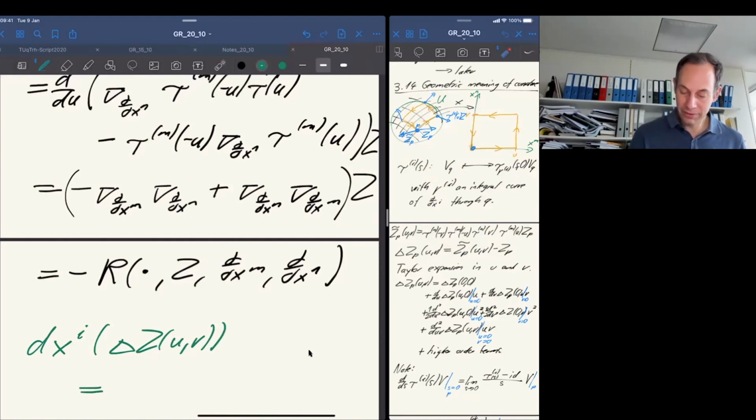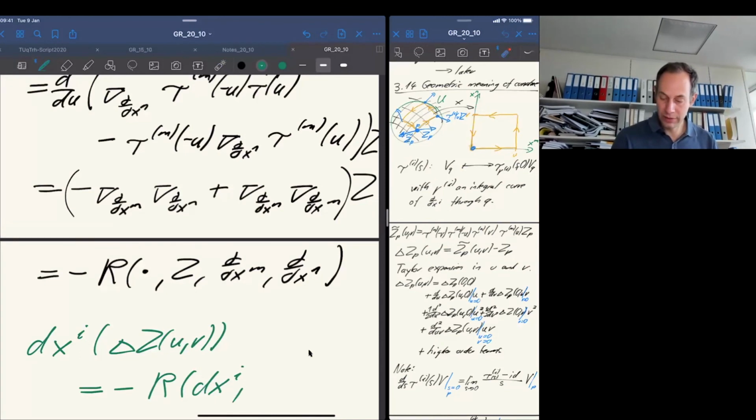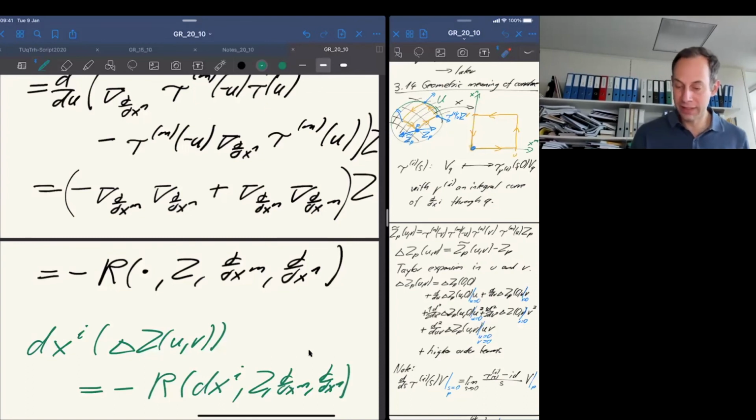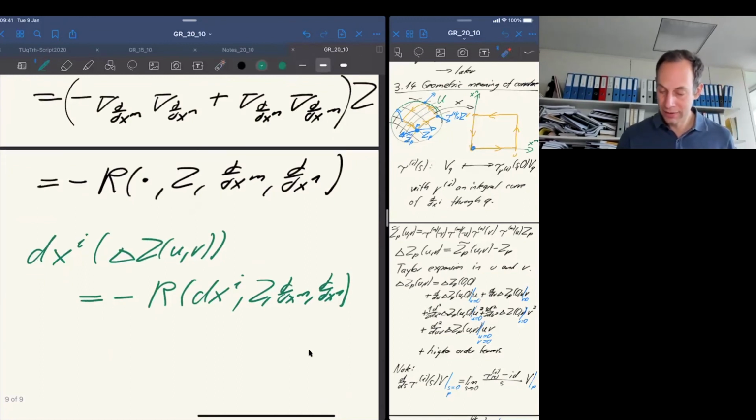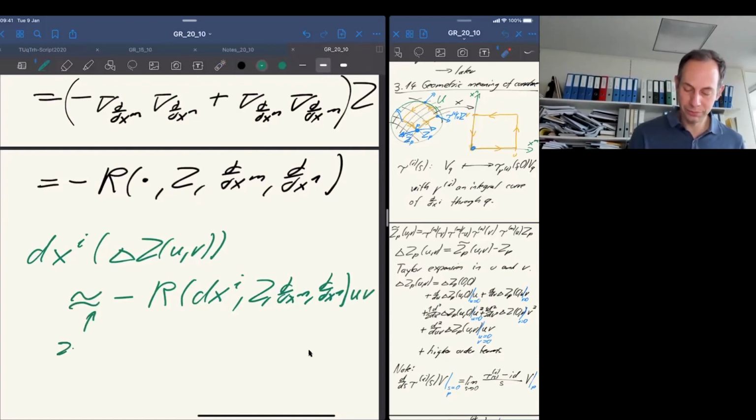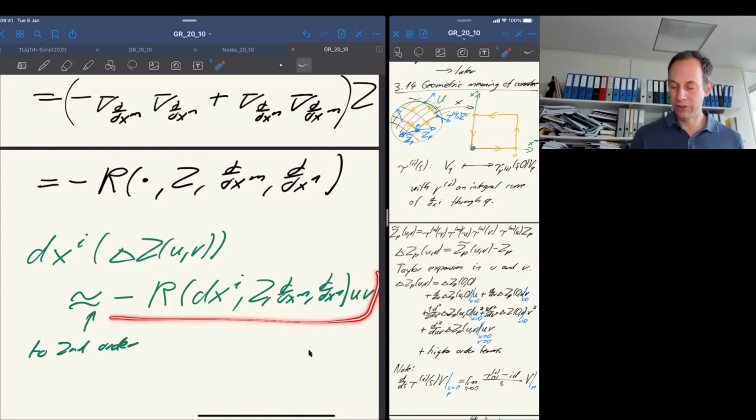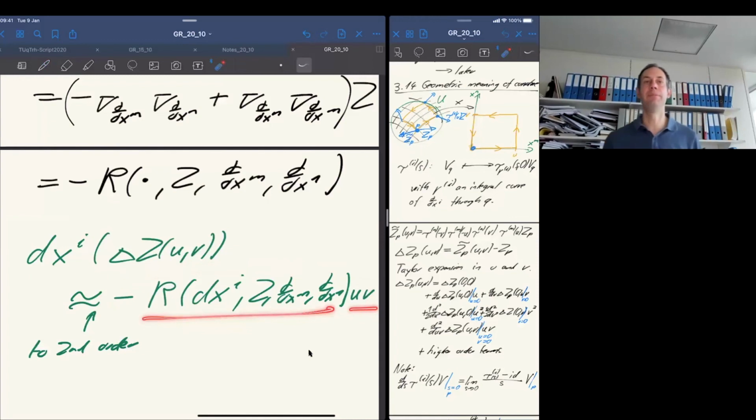So then I would really have something like r, minus r, dx i, set, d to the dx m, d to the dx n. So that was the meaning of the dot. If I extract the i-th component, I need to put in here an i. And of course, if I write it like this, then there's still the u v. So that's our result. To first order, or actually second order, we know that the i-th component of the change of the vector is given by this expression, which is the curvature times u times v.